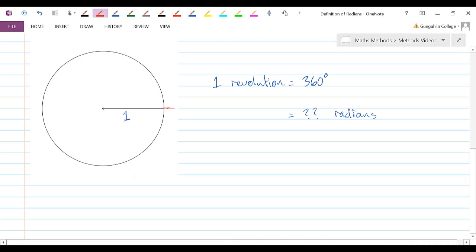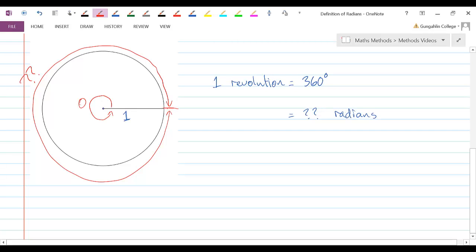So to know how many radians there are in a full circle, we need to find out how long this distance all the way around the edge of the circle is, because that is the size of a full revolution. To do that, we're going to have to think back to our formulas to do with circles from primary school and high school.